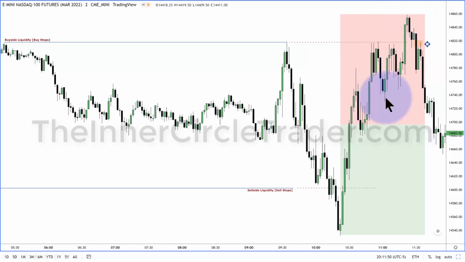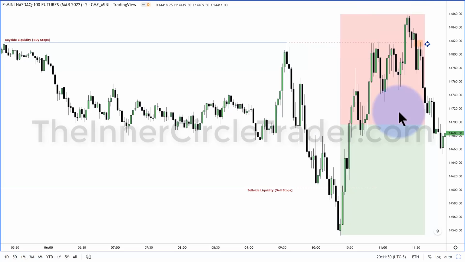So if we take that range and split it from the low to the high to get the midpoint, all of this can be determined by a simple 50 level on a Fibonacci. So you drag your fib from this high down to that low or vice versa and have your 50 level highlighted. Then anything above that 50 level, from an algorithmic stance, is referred to as a premium market.